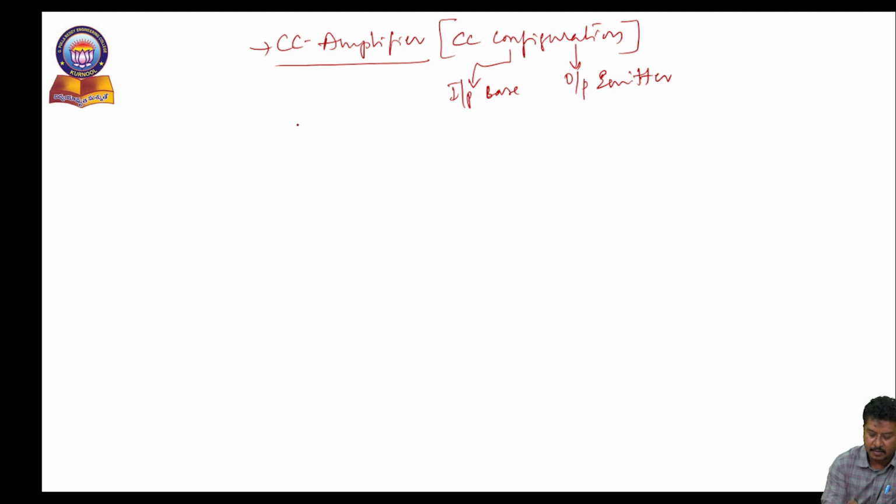So it is also called the emitter follower circuit. We'll consider the practical circuit, convert it into the AC equivalent model, and after that extract the parameters of the amplifier.